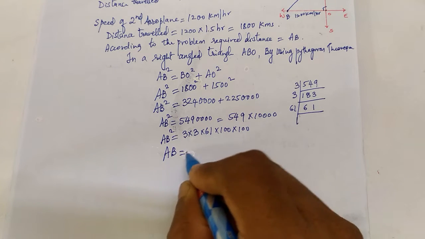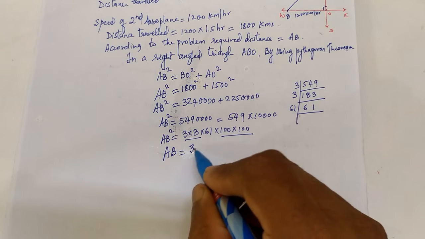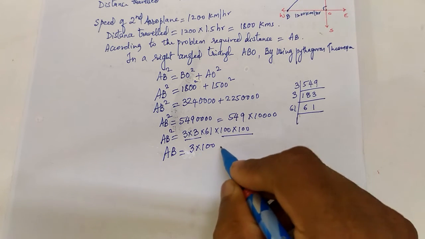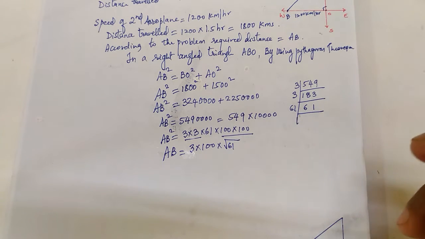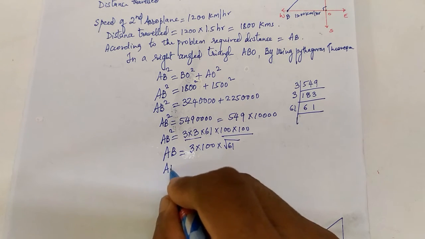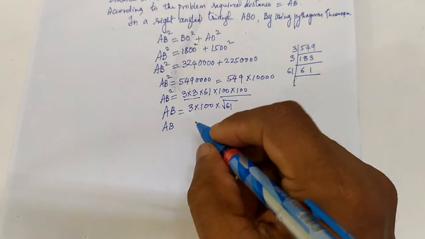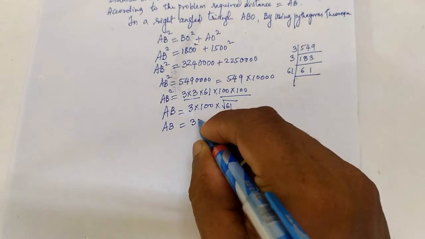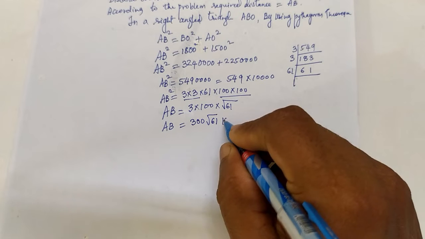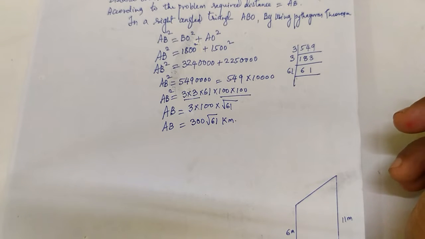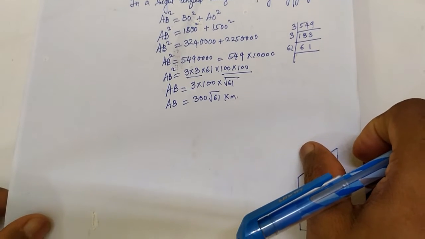So AB will be, if this is 2 times, this is 2 times, you can write it once, 3 into 100, and this is a single number, therefore we take it as root 61. So AB, the distance between both the aeroplanes, is 300 root 61 kilometers.